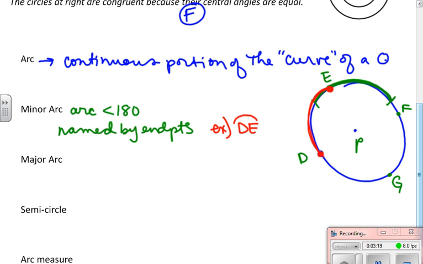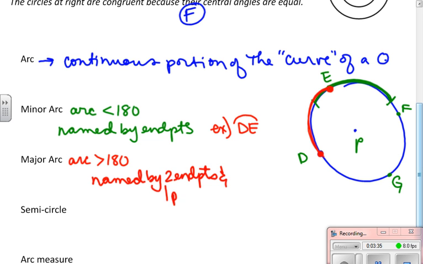A major arc is an arc that is greater than 180 degrees, and it's named by the two endpoints and one point on the arc.